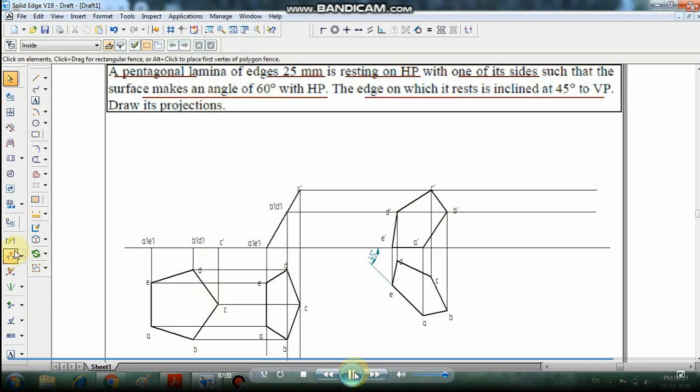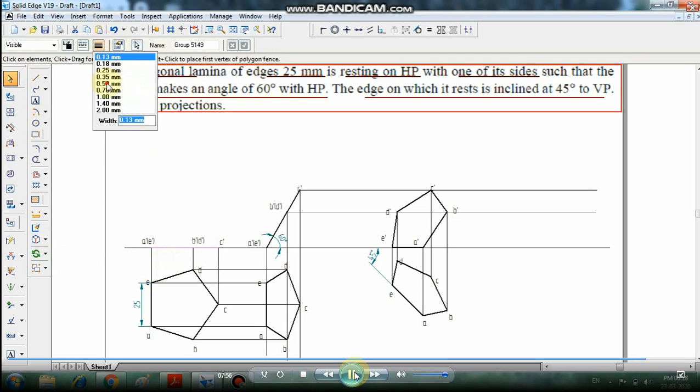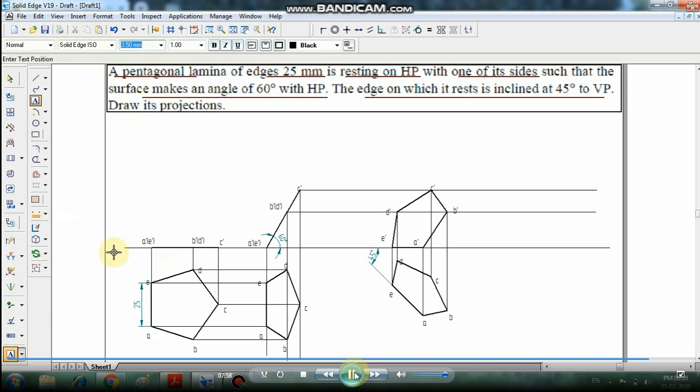Now we can go for the dimensions of the lamina, that is 25 mm, and the front view of the HP inclination surface is 60 degrees. This should be 0.5 mm thickness. Draw the XY reference line and give the names for it, VP and HP.